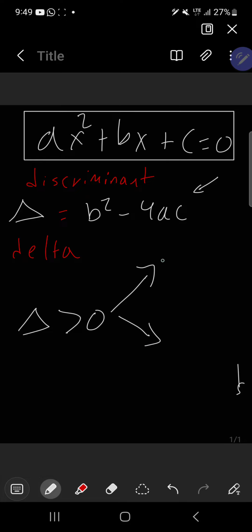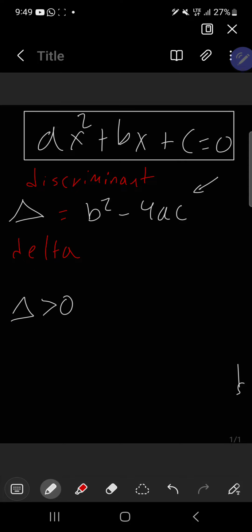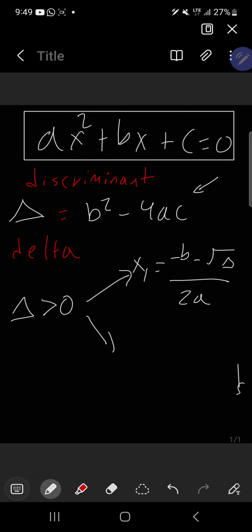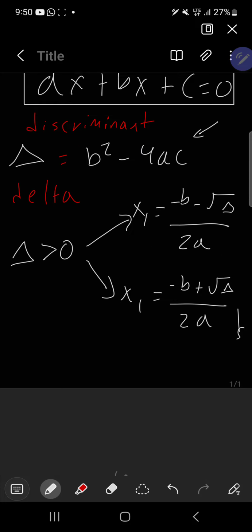Then the equation will have the first root, x1 will equal minus b minus radical delta over 2a. The second one will be exactly the same, but plus in the middle. Okay, so if the answer of delta is positive, we get these two roots.